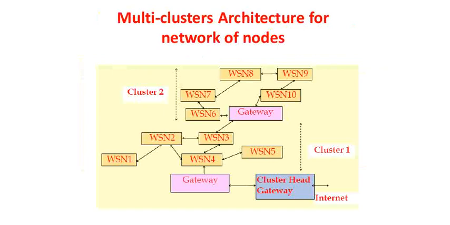In the beginning we already covered the architecture for only the WSN node. You should draw a clear line between the node architecture and the network of node architectures, because when we speak about WSN, there could be many nodes which form a network. Once the network is formed, you can have that network in the form of a layer or in the form of a cluster.